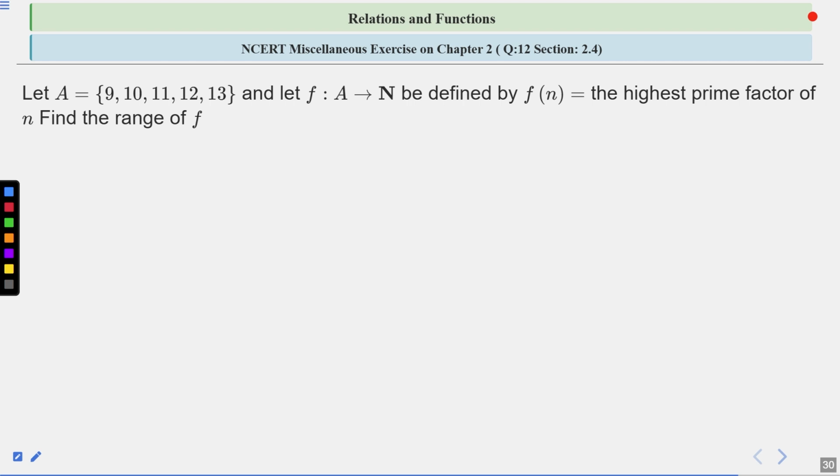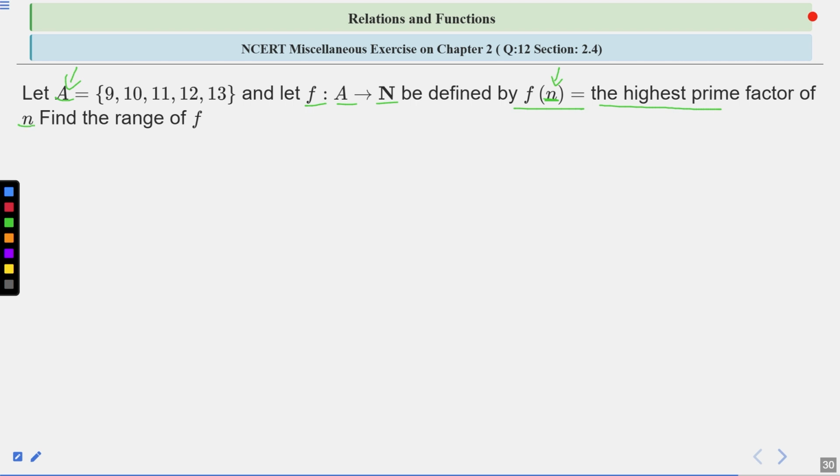Now this question. Set A is given to you: 9, 10, 11, 12, 13. F from A to N is defined by this rule: for each n, where n is coming from this set A, the output is simply the highest prime factor of the number n.